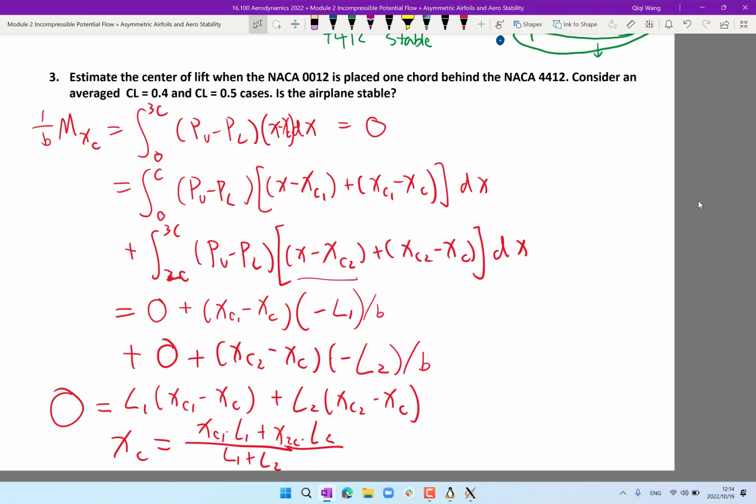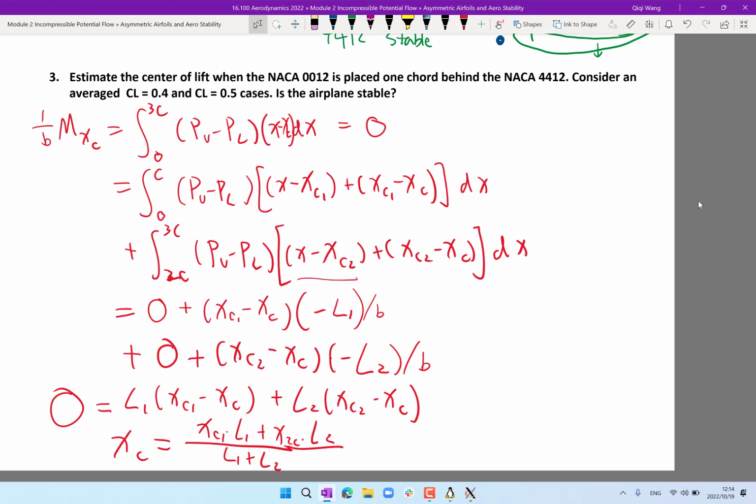so this tells us in order to get the center of lift of the entire system, we need to know not only the respective center of lift, but also the respective lift, right?